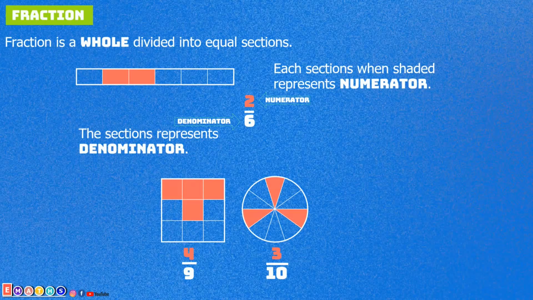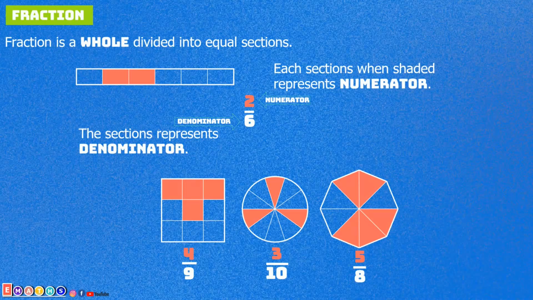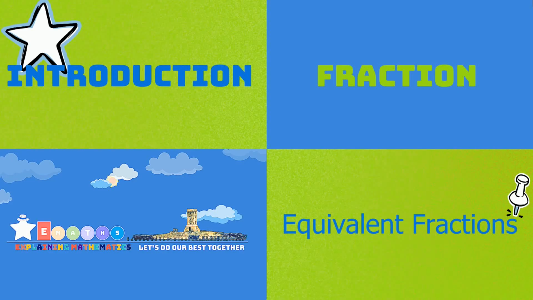Only 3 out of the 10 equal sections are shaded. One whole divided into 8 equal sections. Only 5 sections are shaded out of 8 equal sections.